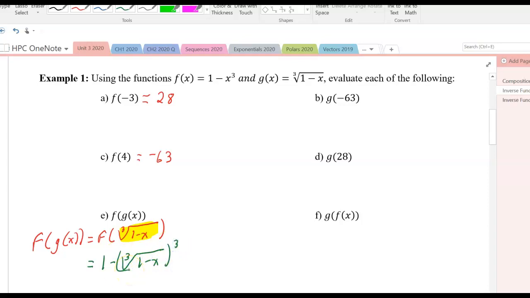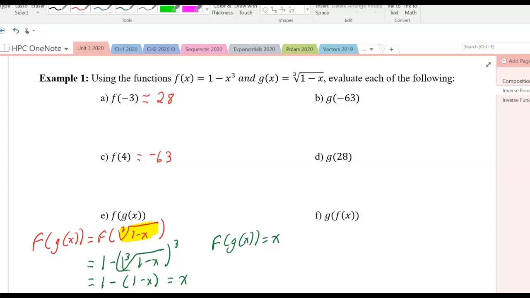The cube root and the power of 3 undo each other, so 1 minus parenthesis, 1 minus x. And when you distribute, you get x. So when I compose f of g of x, I get x.